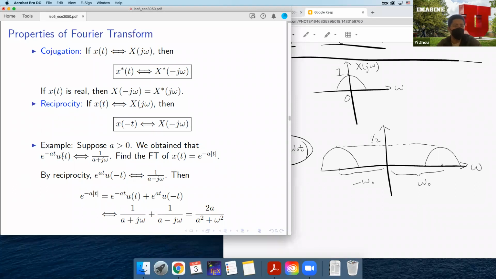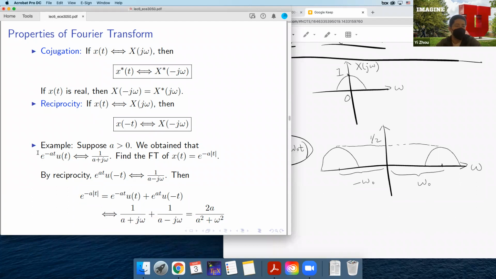And this example provides a way to calculate the Fourier spectrum of the two-sided exponential signal by using these properties.